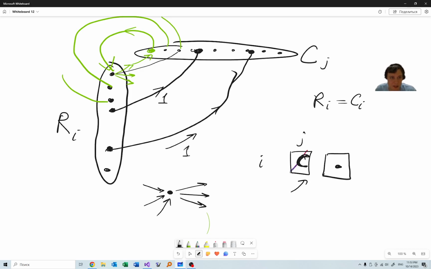So in this case, the flow outcoming from Ri should be equal to the flow going through this edge, and the flow through this edge should be equal to the flow coming into the vertex Ci. So we have Ci equals Ri because of that. Okay, this is still a circulation.